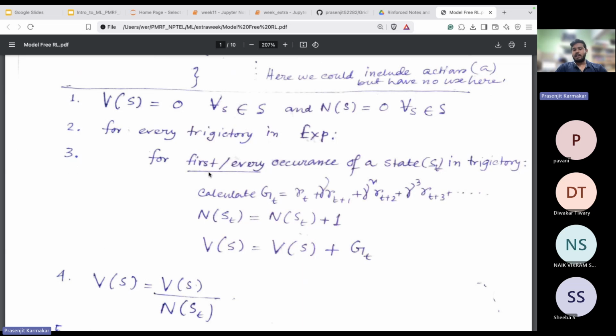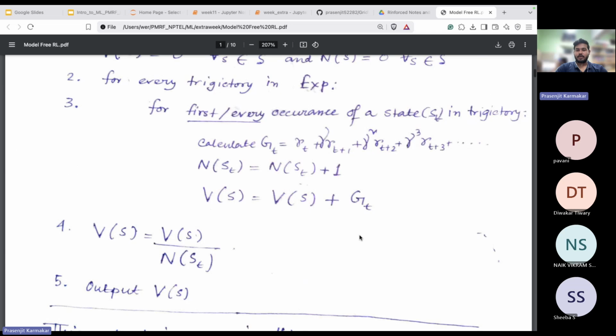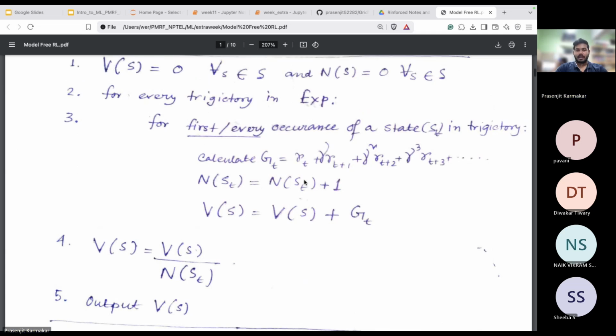So I might only consider, in a particular trajectory, the first visit of a state and not consider the rest, or I can consider every visit. Whenever a particular state is visited in a particular trajectory, I have to sum the return from that state, and I have to also keep track of how many times that particular state got visited.